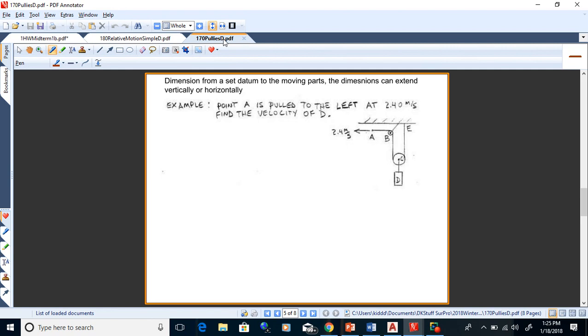What you're going to do is write a simple expression for the length of the rope. You can eliminate the constants. The constants are typically wraps around pulleys, extra little lengths that don't change. You measure from a set point, and you can measure vertically or horizontally, whichever you'd like.